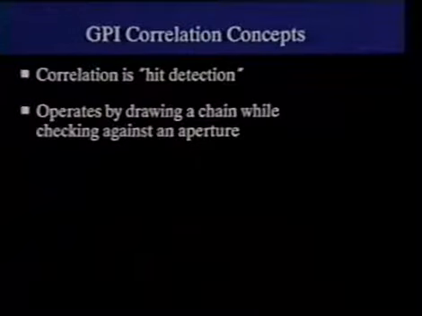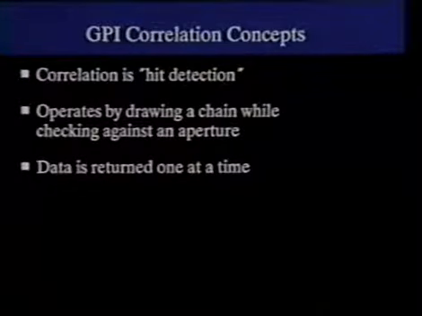Correlation then involves you to detect what portions of the picture, what actual graphical elements have been selected by the human or are within the region that the human is paying attention to. The idea is that you draw the chain while keeping an open aperture, and every time a graphical element comes within that aperture, it's a coordinate space aperture, you want to be told, and that registers a hit, and the hit is stored for later inquiry.